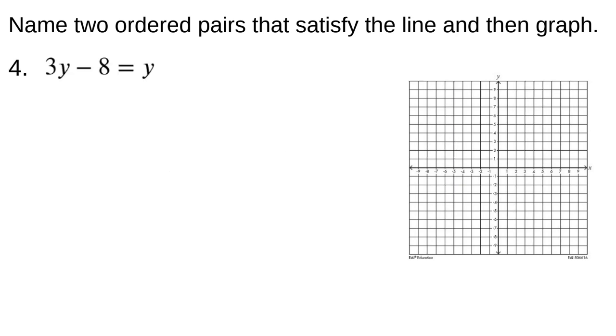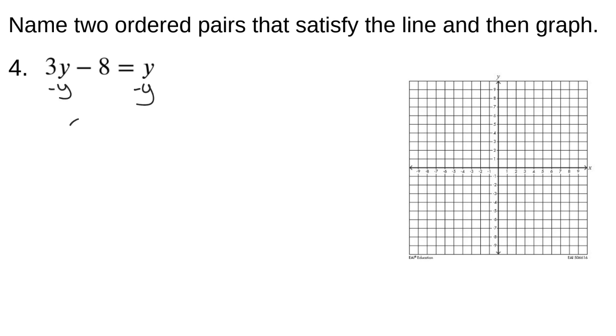In example 4, we are missing some x's, but here we have y's. Now this one's kind of in a different format. So before we do much with this, I think moving some things around and making the y's on one side and the numbers on the other will help us. So let's first start by moving this y over here so that my y's are together.